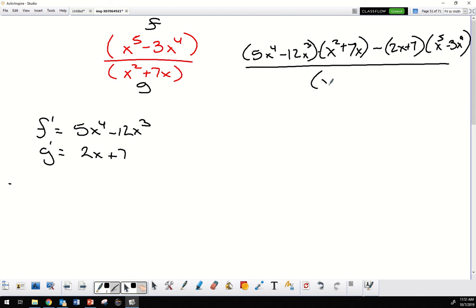So that's going to be x squared plus 7x squared.